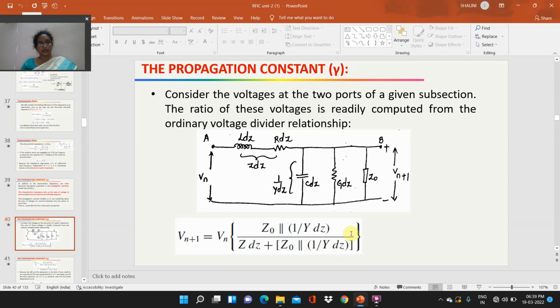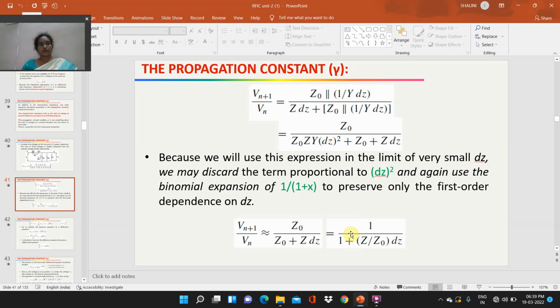So Vn plus 1 is equal to Vn times Z0 in parallel with 1 by Y dz, divided by Z dz plus Z0 in parallel with 1 by Y dz. So Vn plus 1 by Vn can be written as Z0 by (Z0 times a term in Z Y dz square, plus Z0 plus Z dz).